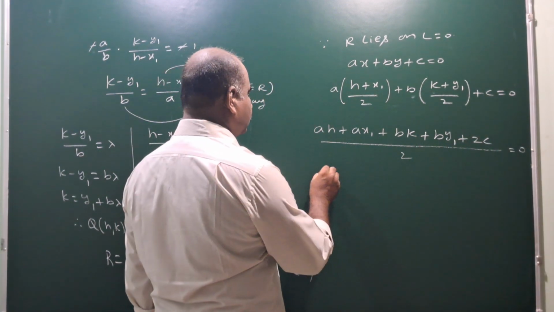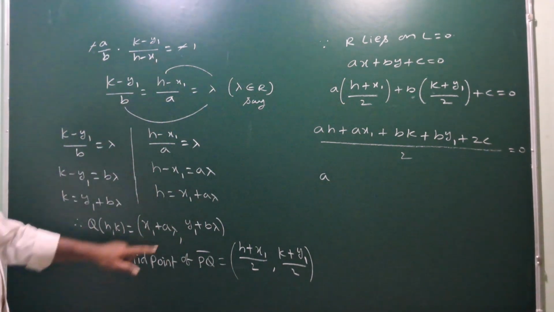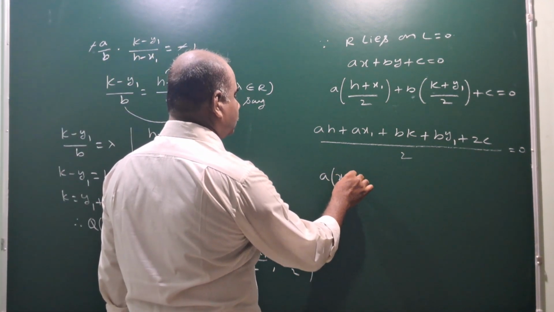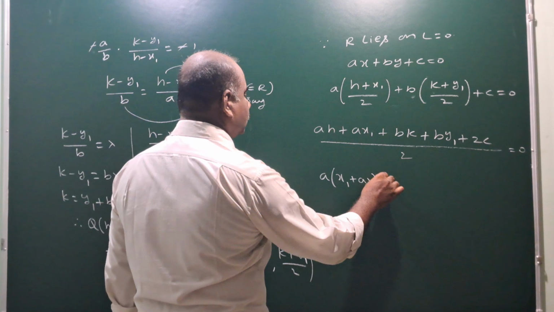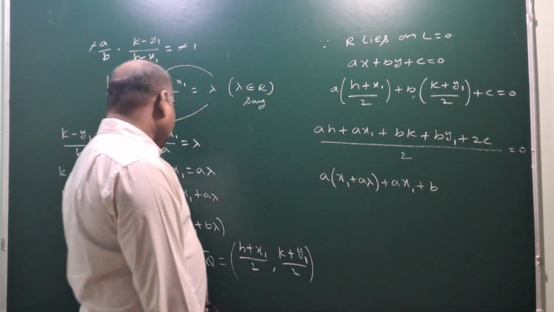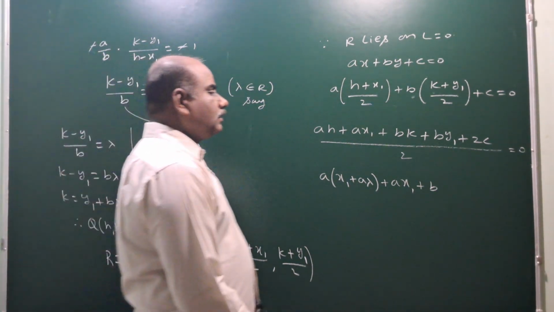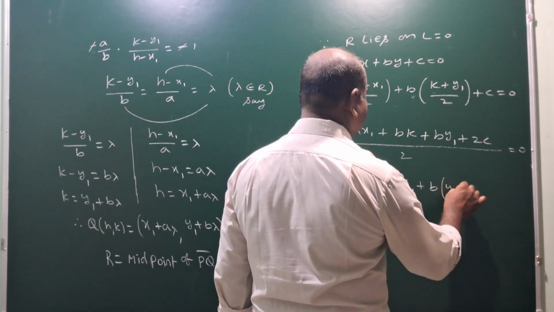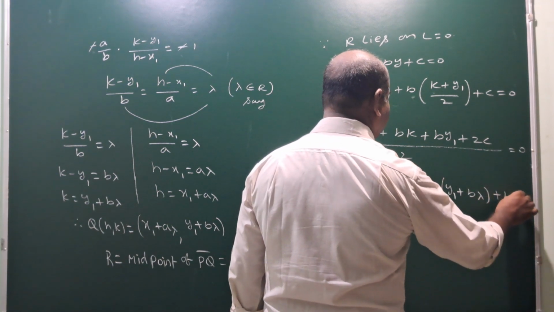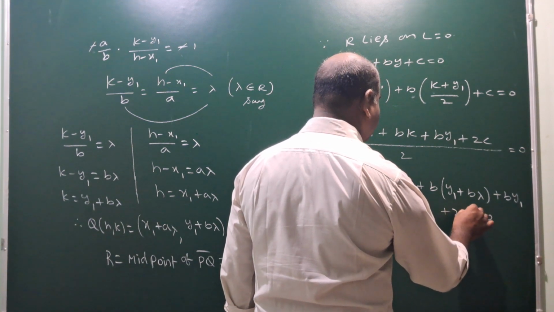Then we get like this, A into H. What is the value of H here? H means X1 plus A lambda. Let us substitute that. A into (X1 plus A lambda) plus AX1 plus B K. K means the value of K is like this, Y1 plus B lambda. B into (Y1 plus B lambda) plus BY1 plus 2C is equal to 0.